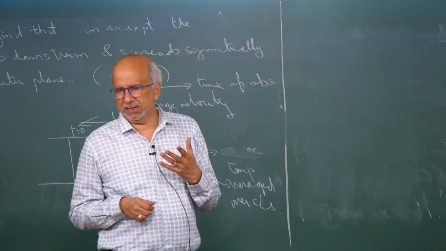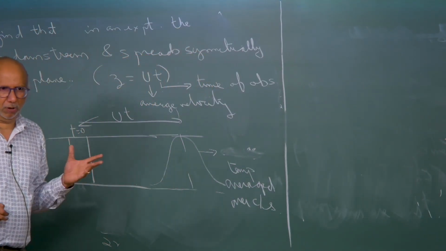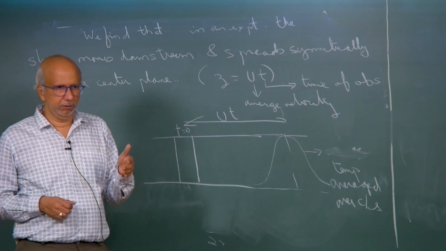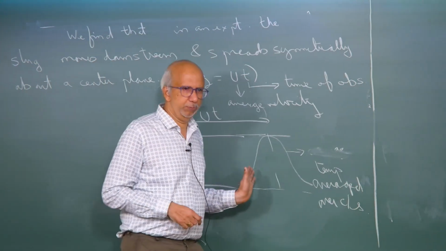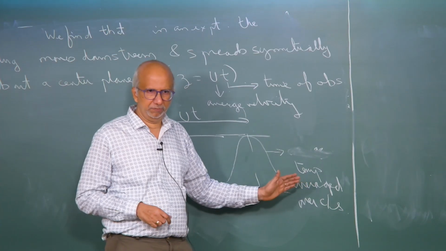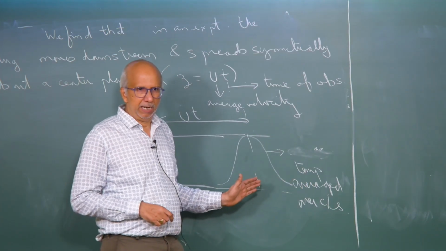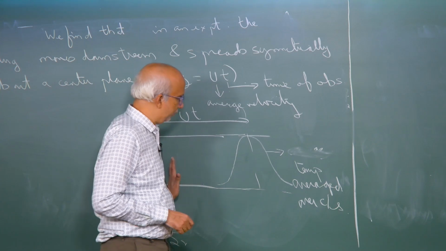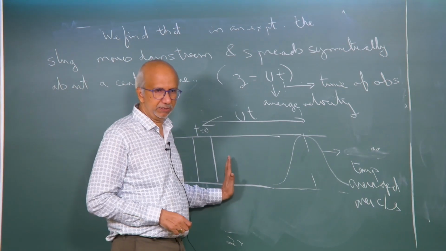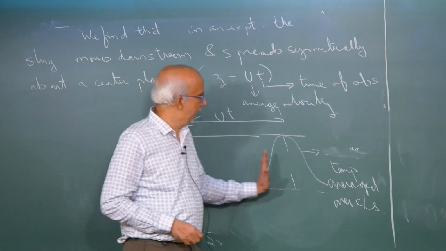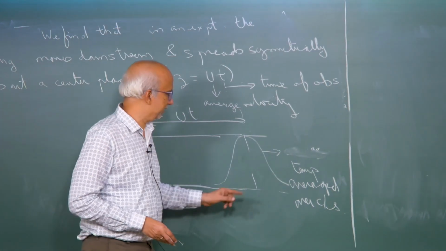My actual problem has convection, diffusion and conduction. But if I wanted to predict this average temperature, sufficiently far away from the inlet, from t equal to 0, it looks very symmetric.